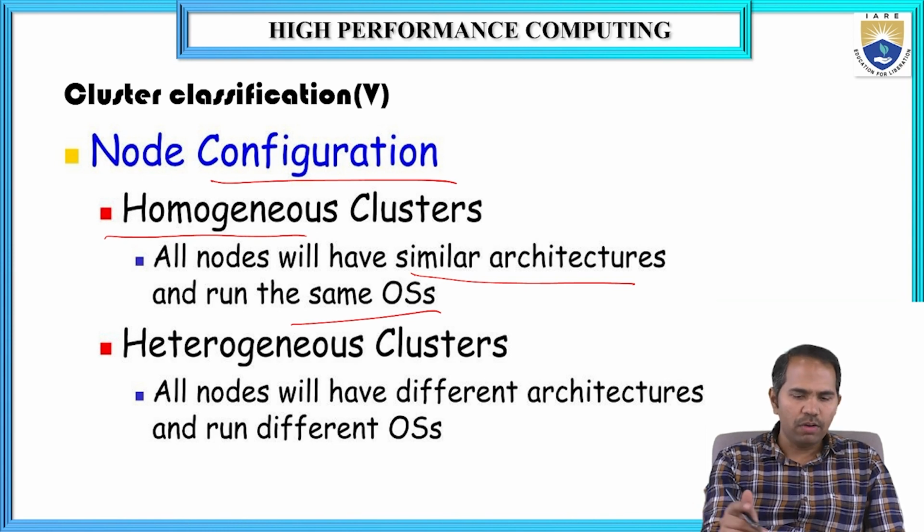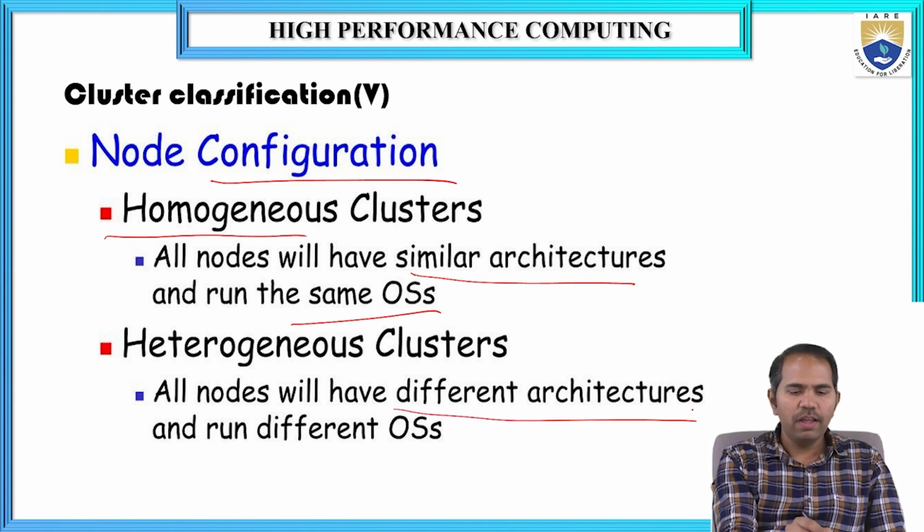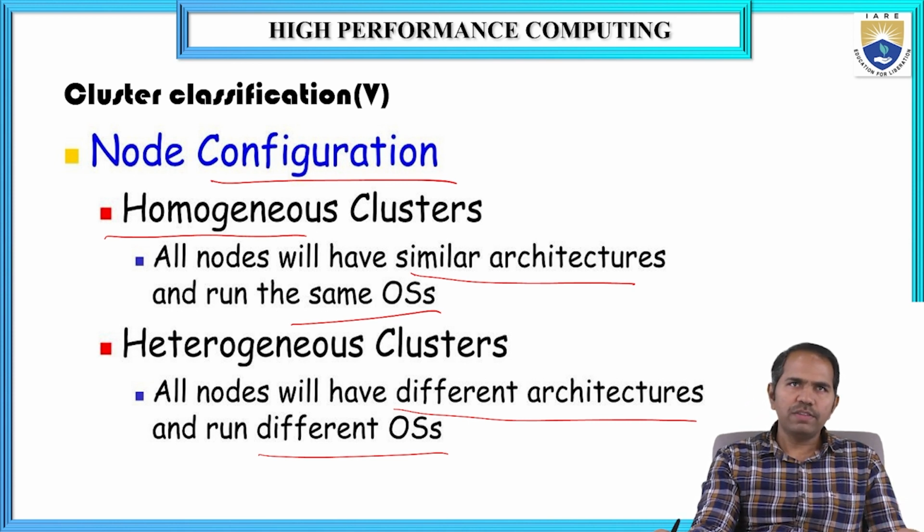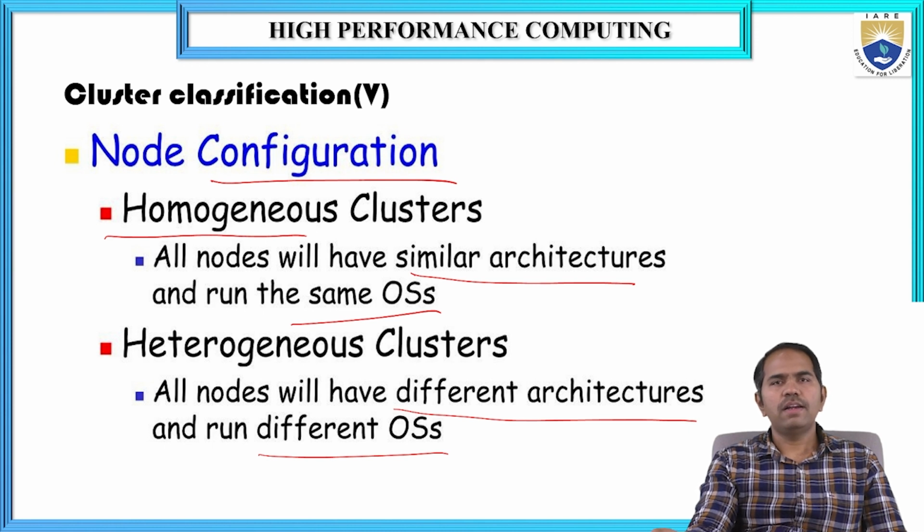Heterogeneous is different: nodes will have different architectures and run different operating systems. So in the configuration we have focused on two things: homogeneous clusters with similar architecture and the same operating system, and heterogeneous clusters with different architectures and different operating systems.